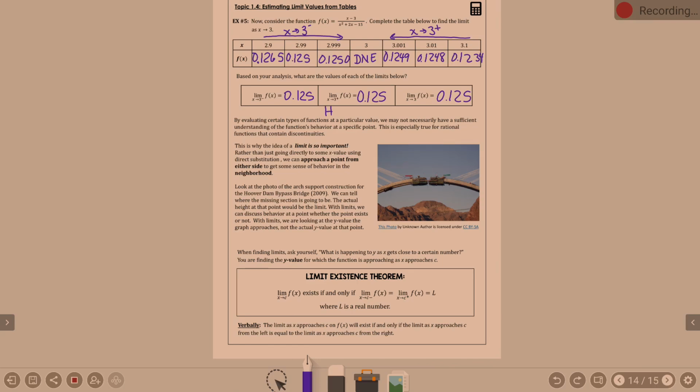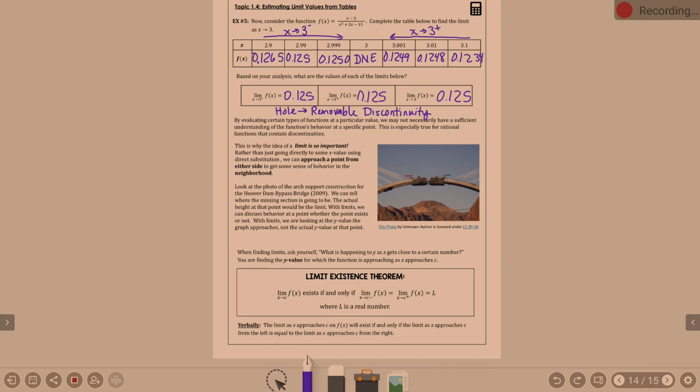Okay, so there's a hole or a discontinuity, specifically a removable discontinuity. I should have said removable discontinuity, actually. Get that vocabulary back in your brains. Removable or point discontinuity. Okay.